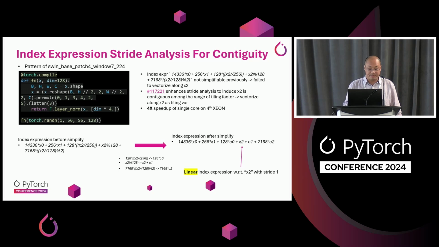For example, this particular case appears in the TIMM model, where after simplifying the index expression, we can vectorize on it and achieve a 4 times speedup. The key idea here is that we transform the nonlinear expression into a linear form, given that the loop variable spans over the vectorized range.